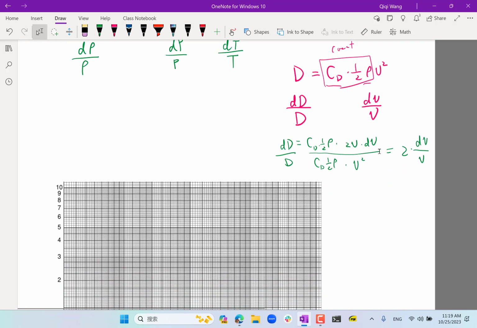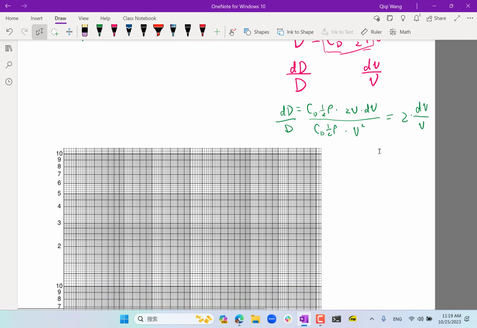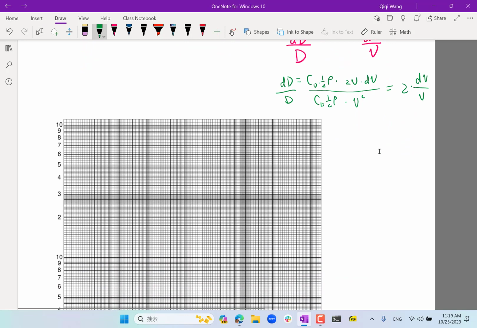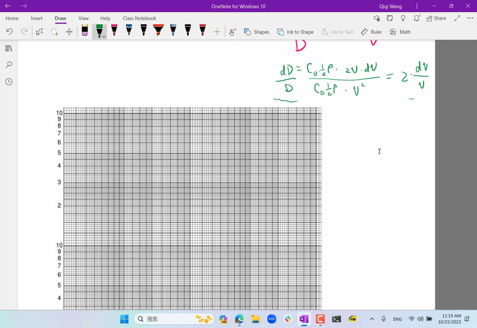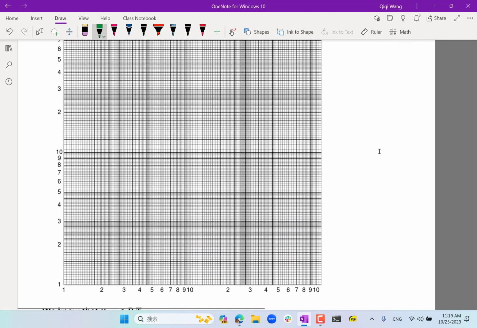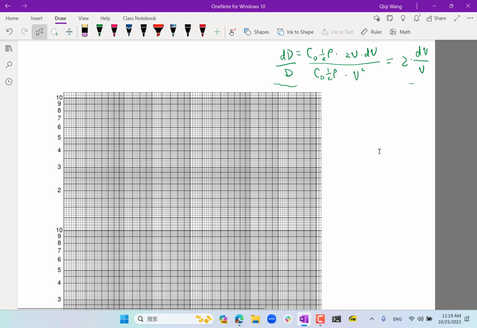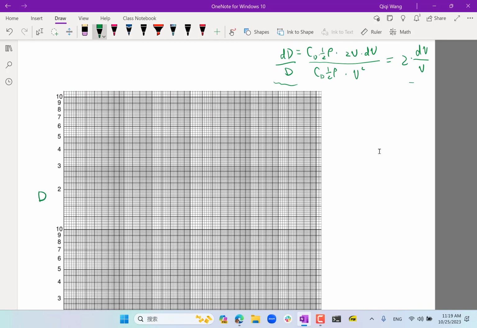you know what happens on the log-log plot, right? So I'm just going to draw this relation. If the x-axis is velocity, and this is drag, knowing that the fractional sensitivity of drag is twice the fractional sensitivity of velocity, that means in the log-log plot, any fixed change, like a small delta in the x-axis, is actually a fraction.